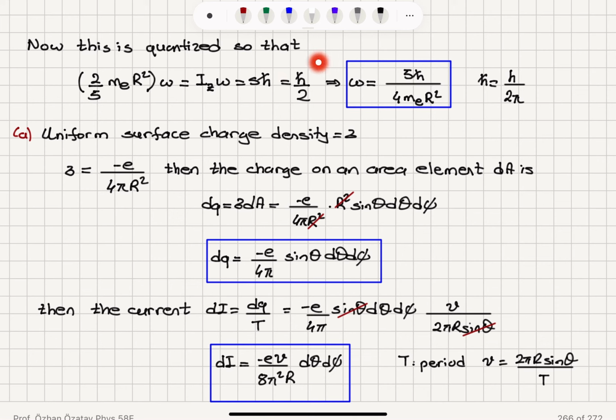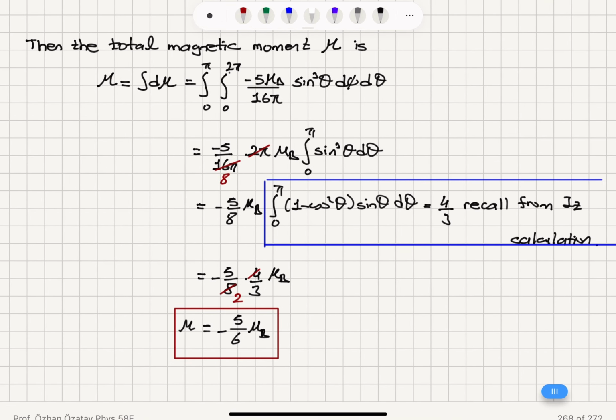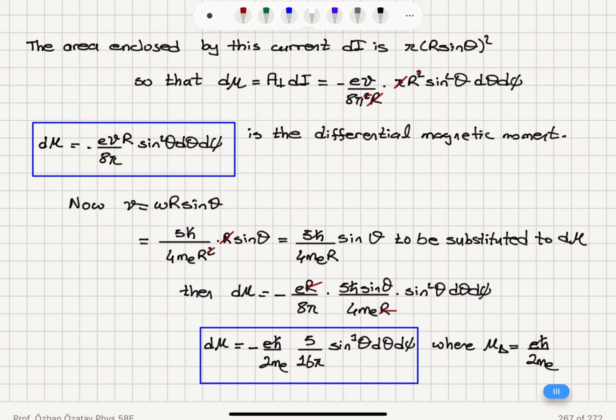H bar over 2 is the result with the spin quantum number s equals 1/2. And this gives me a magnetic moment contribution here with v substituted as omega R sine theta, the omega result that we have obtained before.